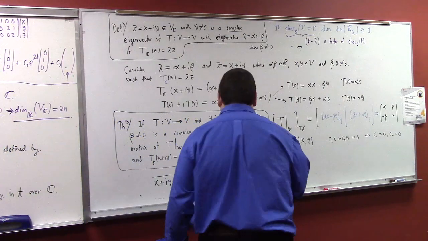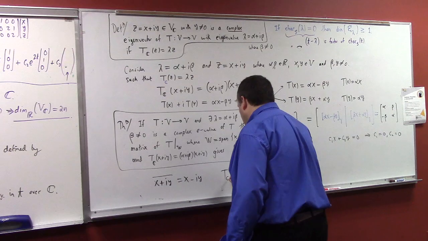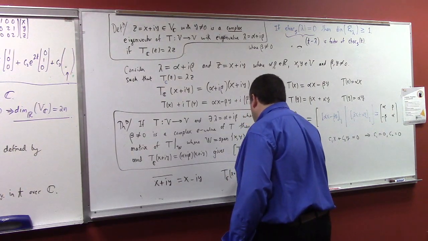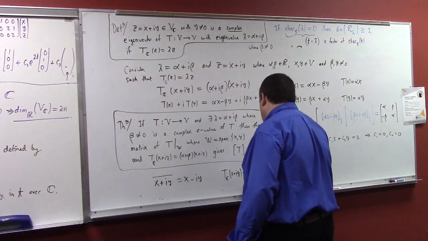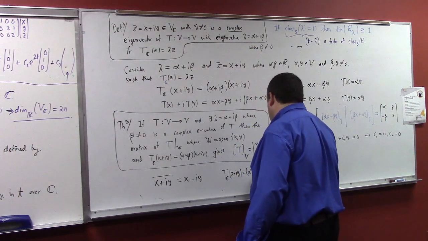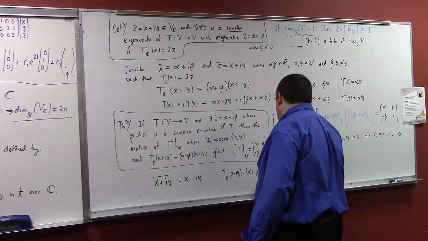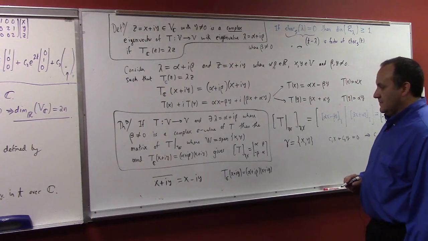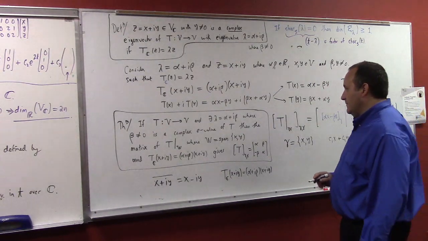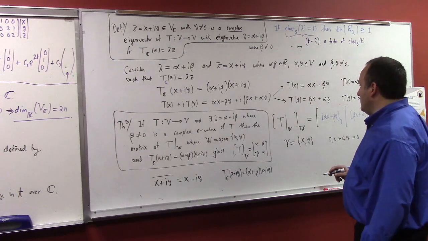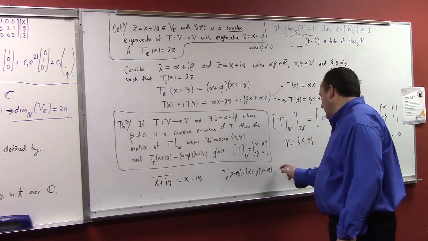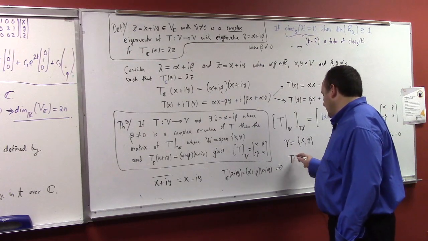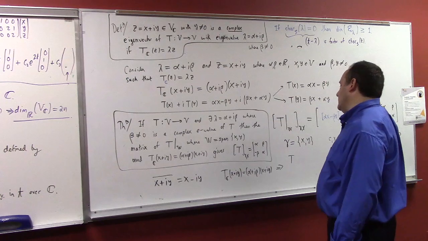Check this out. So if I have T sub C of x plus iy equal to alpha plus i beta times x plus iy, right? Then that implies, of course, let me write it more simply.